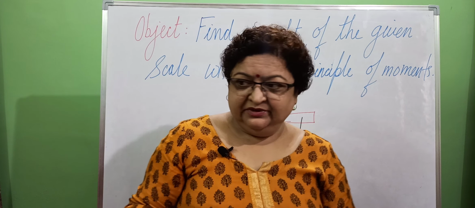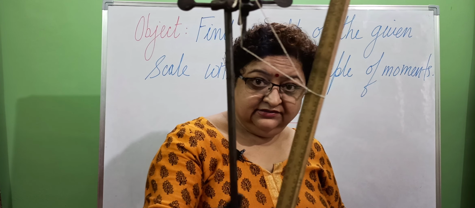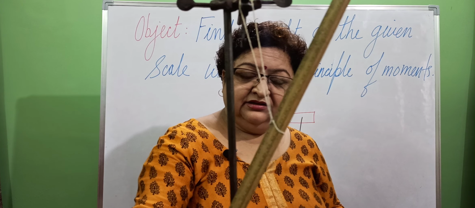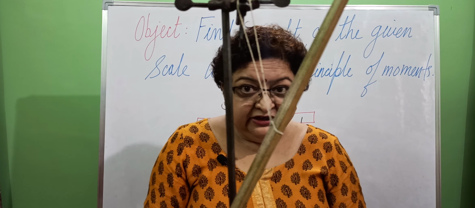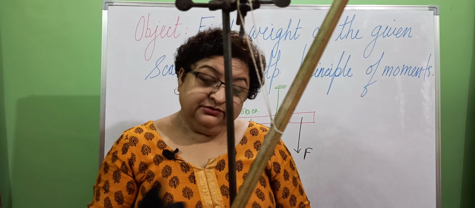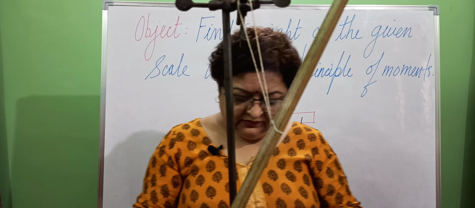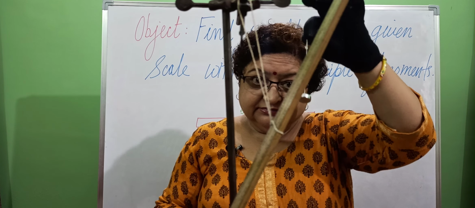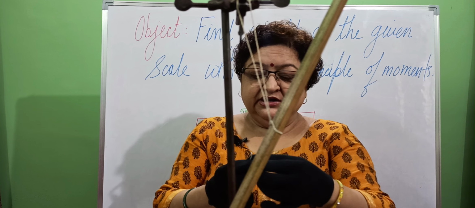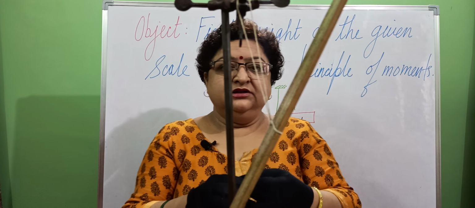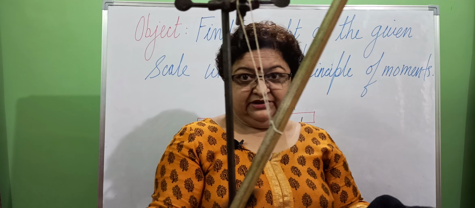Let me do this experiment. Now the scale is no longer balanced. But we don't lose hope. I'm trying to balance this scale. Let me have a 20 gram weight, and this 20 gram weight I'll suspend on the right side of the point of suspension.